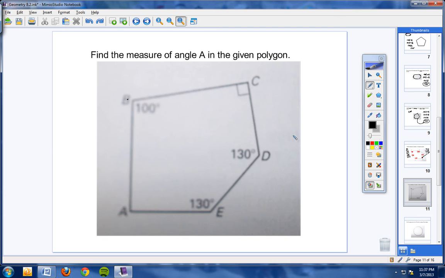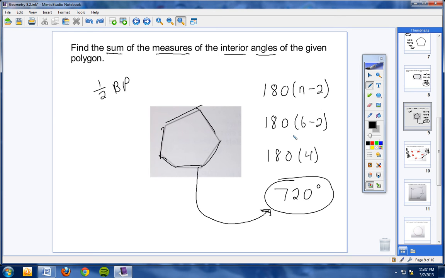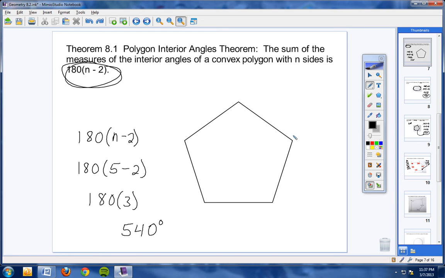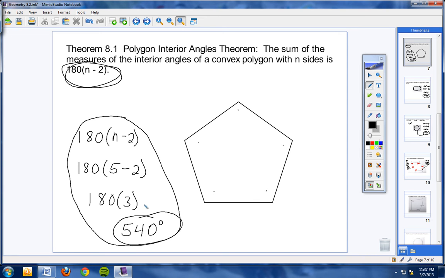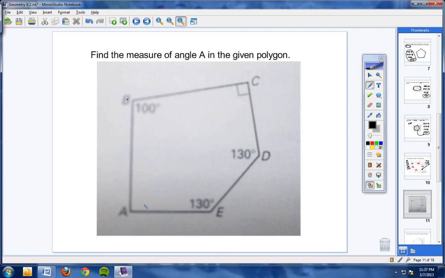If you look back in your notes, you'll see that earlier we had a 5-sided polygon right here, and we put a 5 in for n, and we found out that whenever you have a 5-sided polygon, all of these angles added up together have to equal 540.